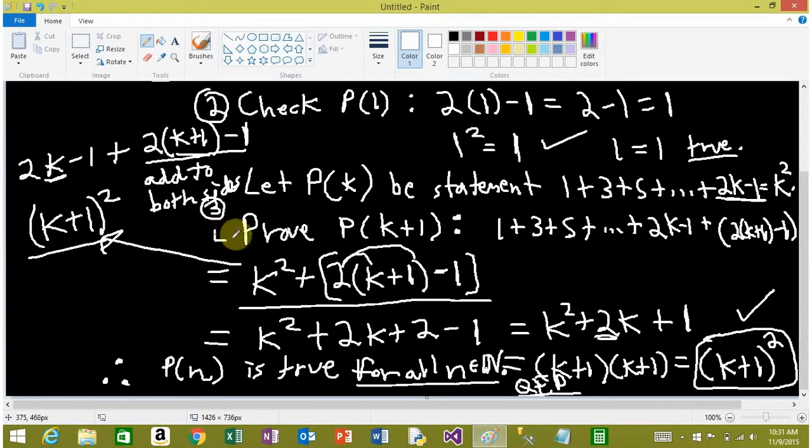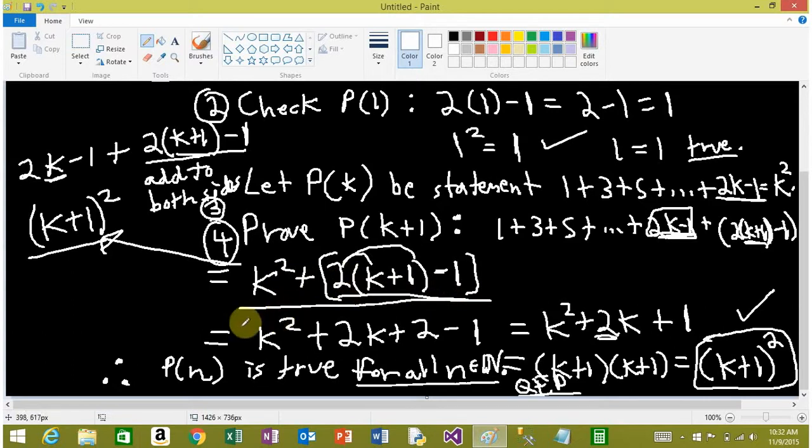And then our next step is to prove P of k plus 1. And then that's where we put the k plus 1 in for all the k's that we see. We only see 1 k here, in the 2k minus 1, that's the term we're adding up. And so we replace that k with the k plus 1 and insert in our parentheses, because we know that 2 is being multiplied by that, and then minus 1. And then we just did that to the other side with the k squared.